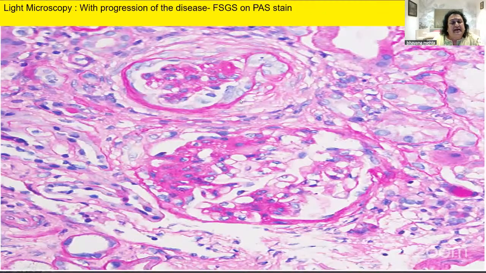When the microscopic hematuria and proteinuria persist, the endothelial cells will stimulate the mesangial cells, which lay down the mesangial matrix, forming segmental sclerosis. This is called focal segmental sclerosis, which is best seen on this PAS stained section.